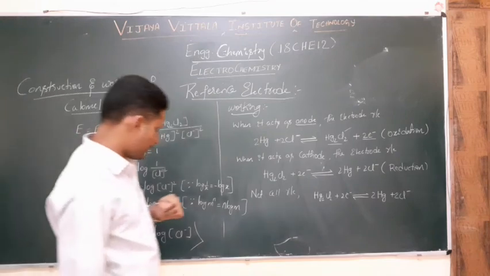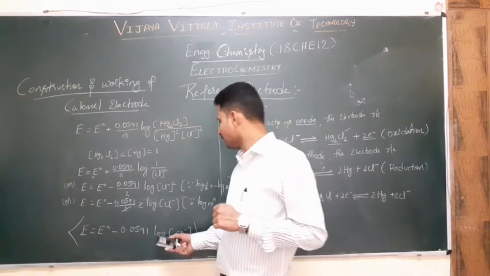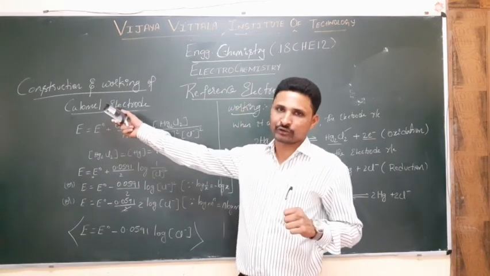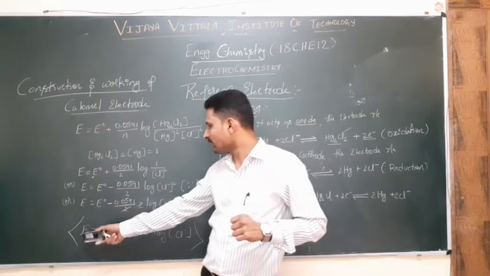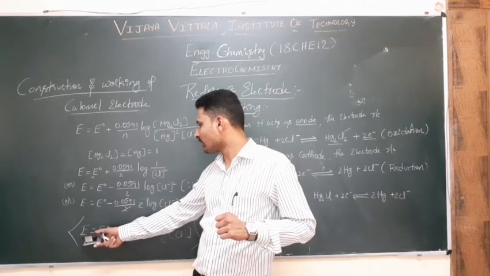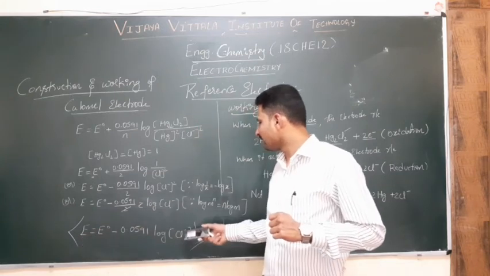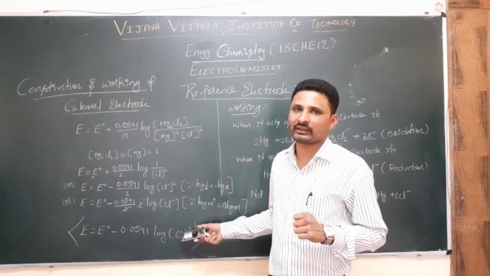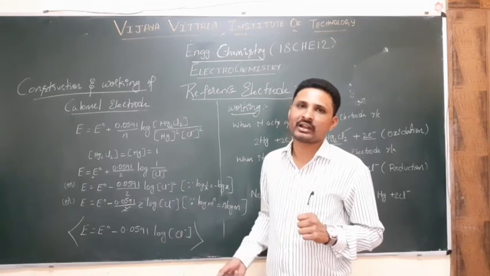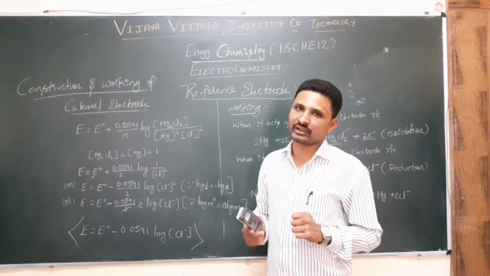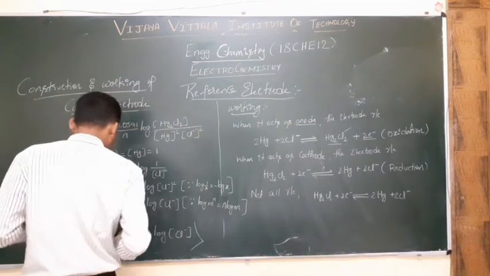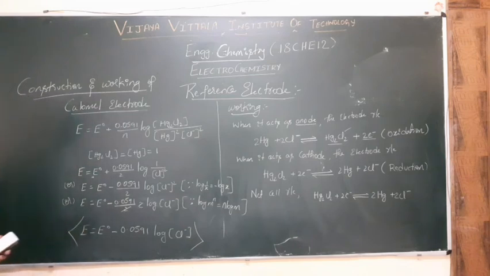So listen carefully, observe this equation. E, that is the electrode potential of the Calomel electrode, mainly depends on the Cl minus ion or KCl solution. When we change the concentration of KCl solution, the electrode potential also varies.